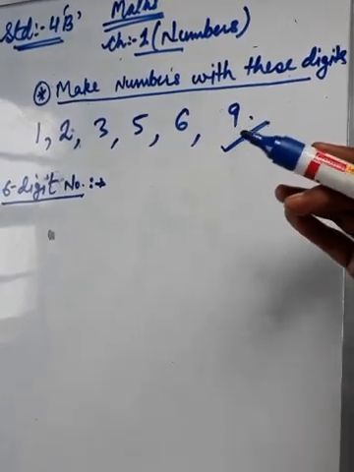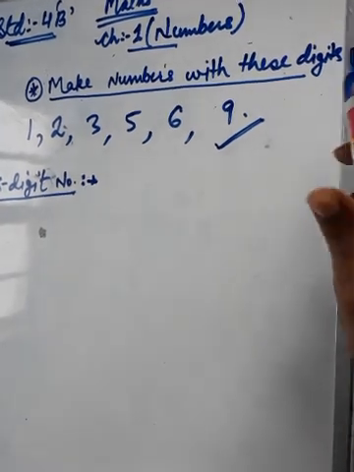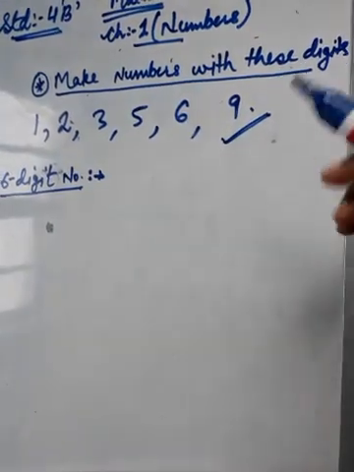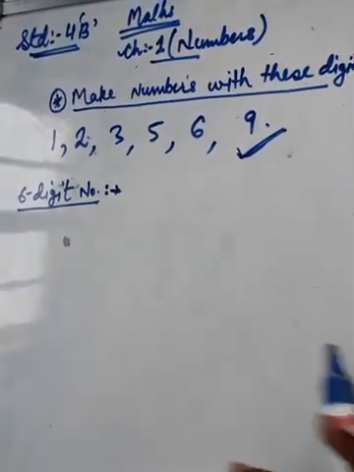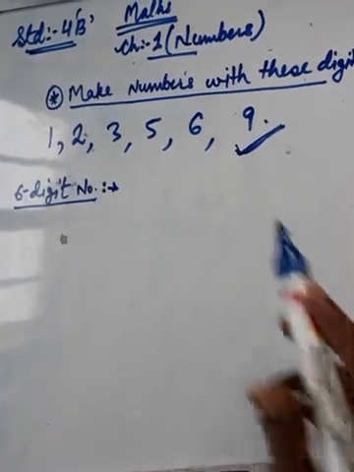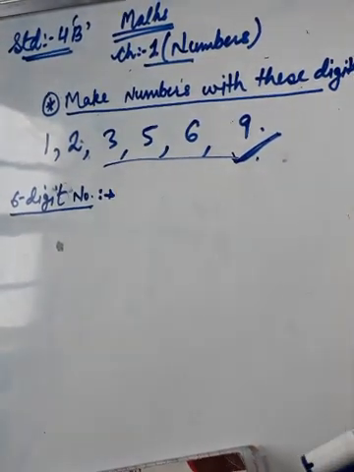These two are your conditions, which we apply to make numbers. So here we will see how we can make numbers with the help of digits.